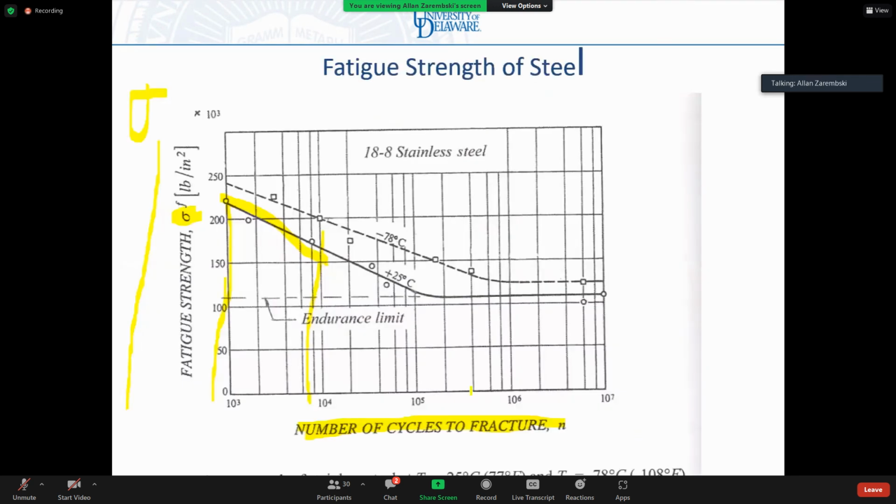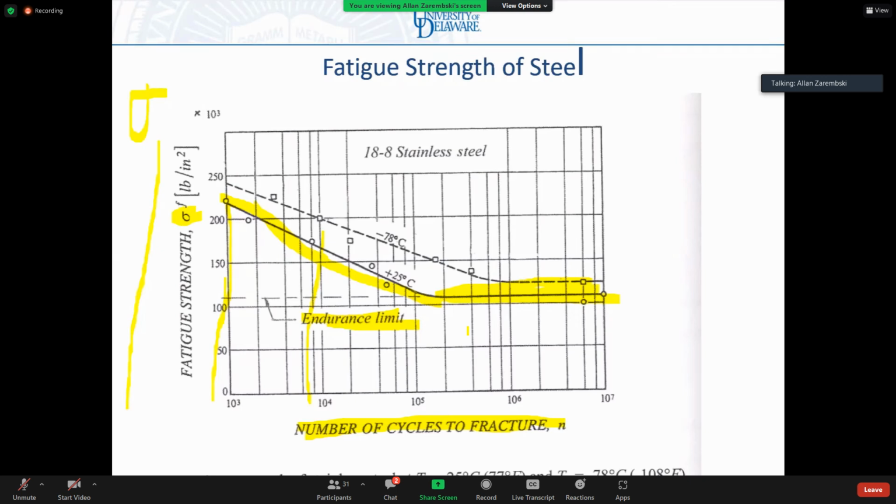At some point, when you reduce the stress, and you keep reducing the stress, the number of cycles to failure stays the same. This is called the endurance limit. The endurance limit is defined to be the stress level at which the number of cycles to failure tends to be constant.